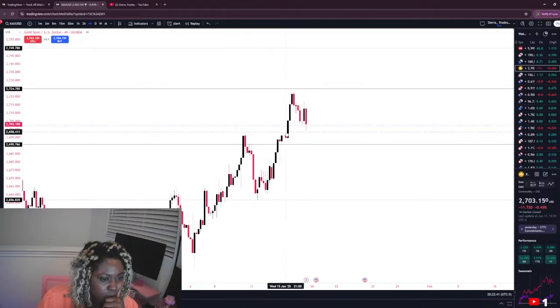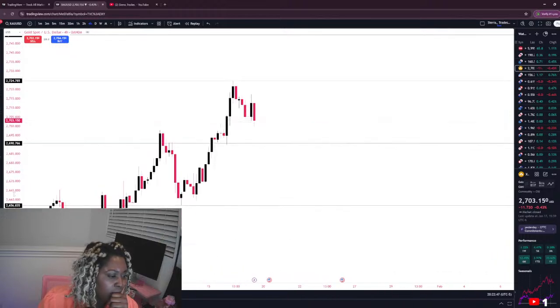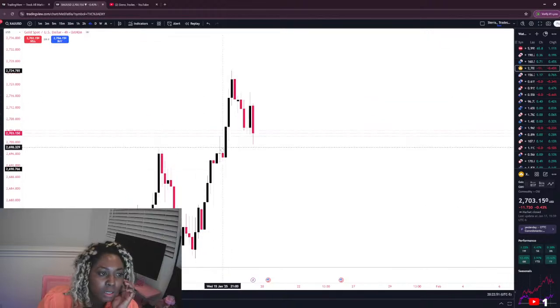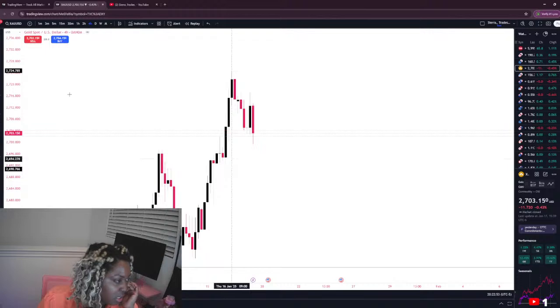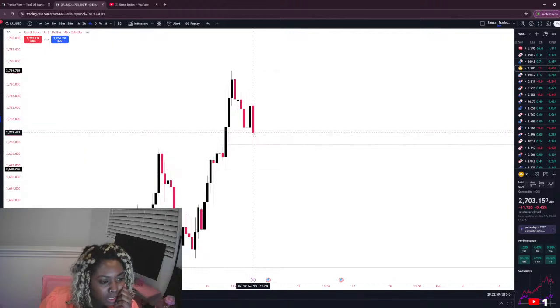All right, so price is in a gap right here. I am gonna mark this gap up, but normally price respects 50% of the weekly. So it might just bounce off of this area, but well, it did bounce off this area, but we should still see it come down to the 50%.